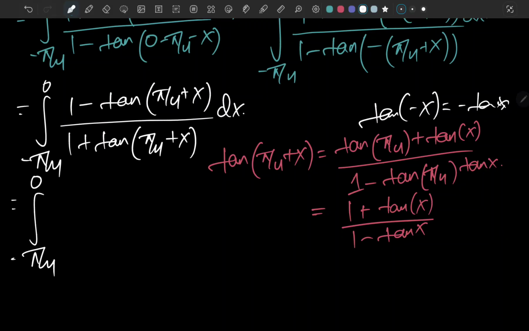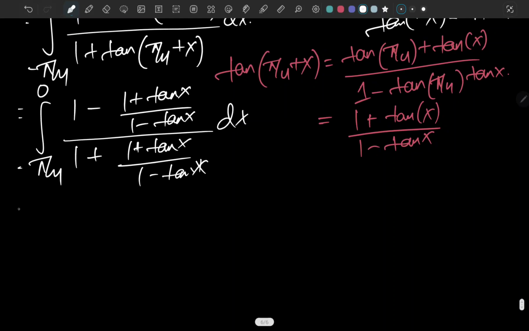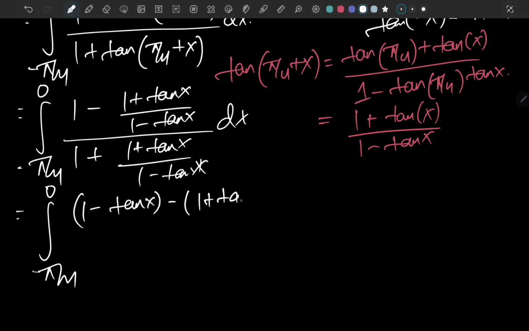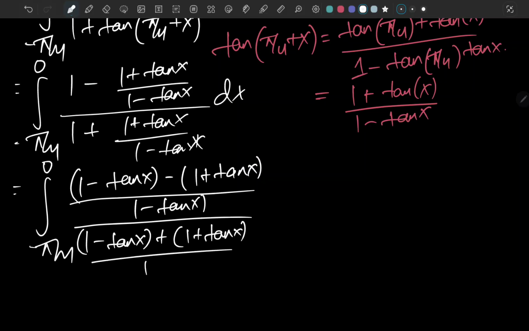Integral from negative pi over 4 to 0 of 1 minus 1 plus tangent x over 1 minus tangent x, over 1 plus 1 plus tangent x over 1 minus tangent x, dx, for the same denominator in both the ways. 1 minus tangent x minus 1 plus tangent x over 1 minus tangent x, common denominator thing, again 1 minus tangent x and plus 1 plus tangent x over 1 minus tangent x.